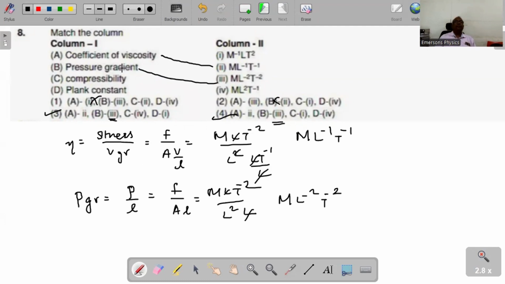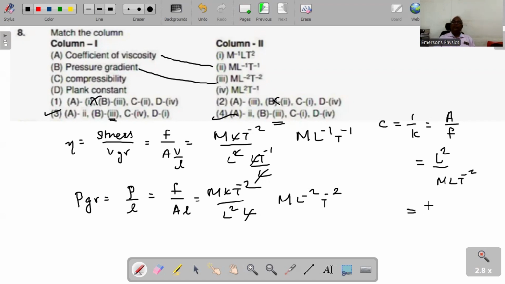Next, compressibility. Compressibility is nothing but the reciprocal of bulk modulus. Bulk modulus is force by area, by strain. Upon area L squared, force is MLT to the power of minus 2.